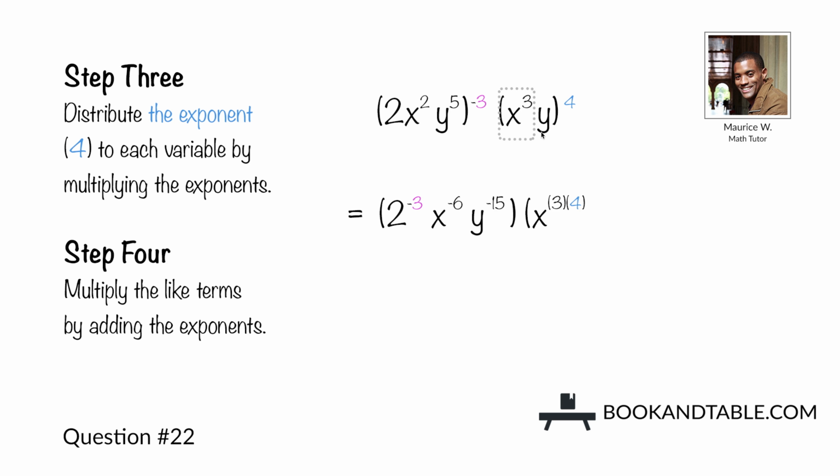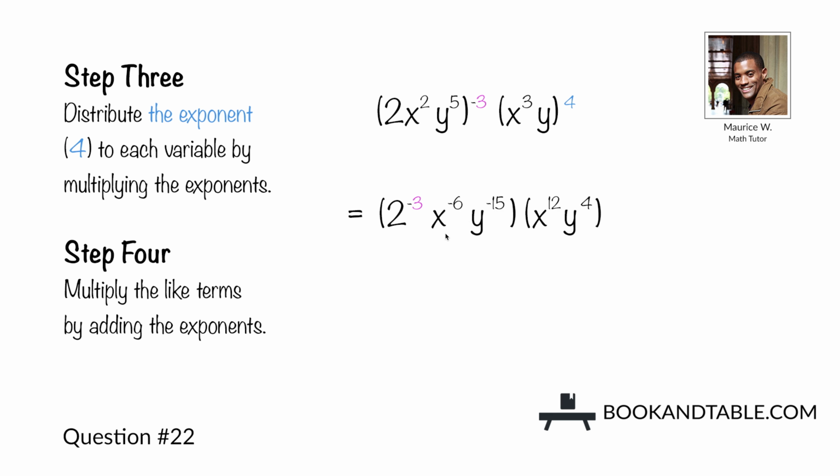And now we move on to our second term, and we distribute this exponent 4 to each variable by multiplying the exponents. So x to the 3rd to a power of 4 becomes x to a power of 12. Y to a power of 1, since it's just y, to a power of 4 becomes y to a power of 1 times 4, which is 4.